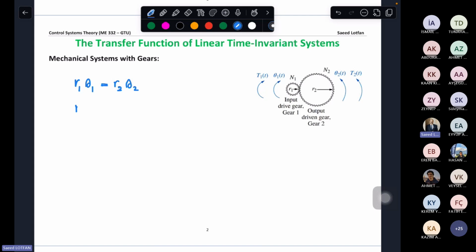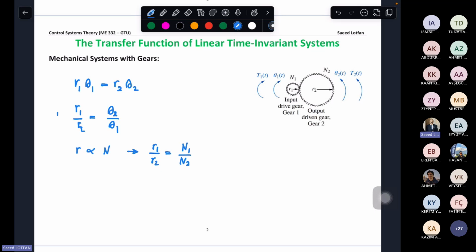So in this case, we can say R1 over R2 is equal to theta 2 over theta 1. And also, we can say that R is proportional to N. So R1 over R2 would be N1 over N2.